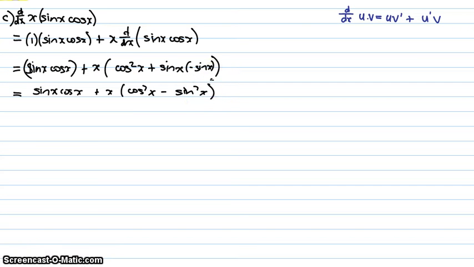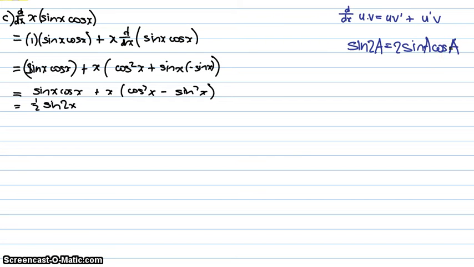So there's a lot of simplification I can do here. I hope that you can see that. So how can I simplify this? Sine x cosine x, this is the same thing as a half sine 2x using the trig formula. Using the trig formula, sine 2a is 2 sine a cosine a.